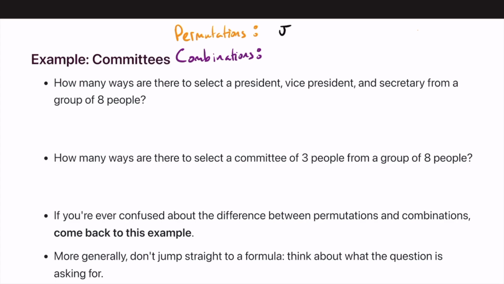Actually, I'll put this in the middle. We'll just reuse it for both.